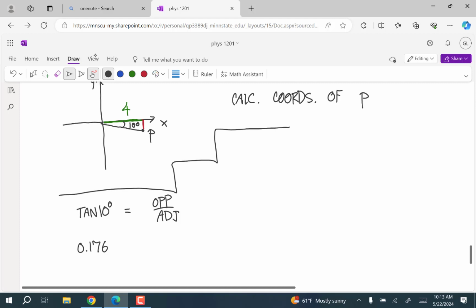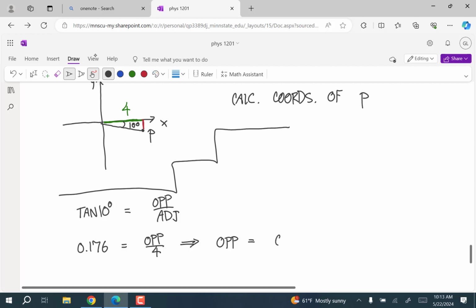Since we're using this 10 degrees, the opposite side is the red that we want. And the adjacent side is 4. And so doing the algebra, you get that the length of the opposite side is 0.176 times 4.